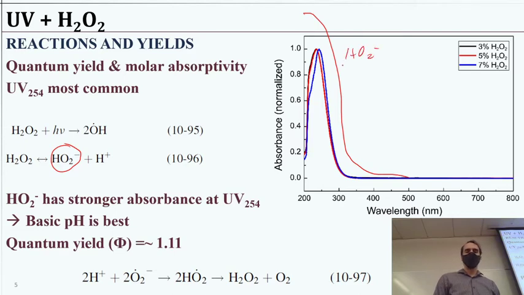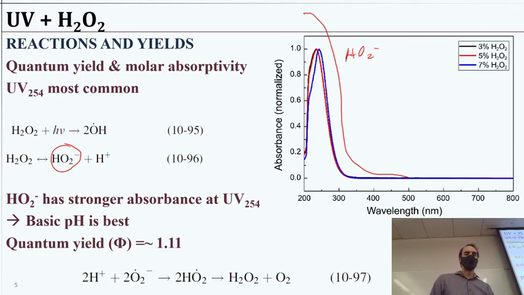So if we have conditions where we have a lot of that, then lots of this stuff is absorbing light, which is a problem, because then we're not getting 2 hydroxyls from it. Maybe we still get one if photolysis can occur, but it's just not ideal.